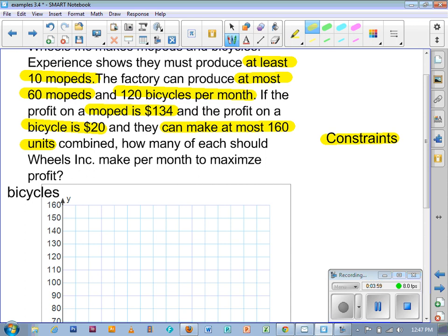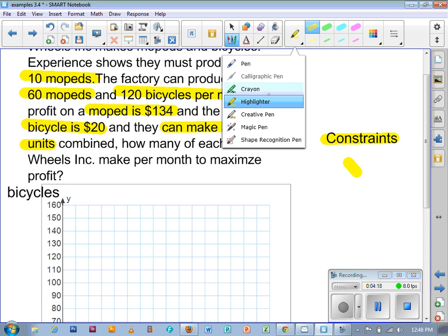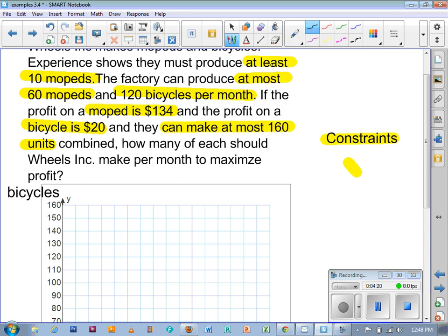We know that the number of mopeds has to be between 10 and 60. Right here it says at least 10 mopeds and at most 60. So the way we would write that as an inequality is you'd put the X in the middle, like so.